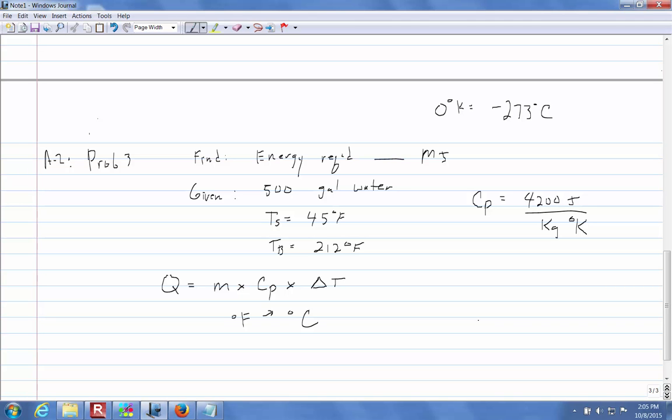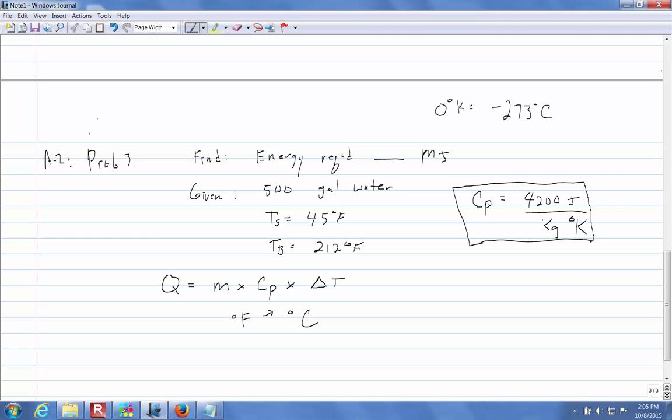That's centigrade and Kelvin. We're given this temperature, first of all, as 45 degrees Fahrenheit. Let's convert to degrees Celsius. Yeah, it's a good question because it's kind of confusing.